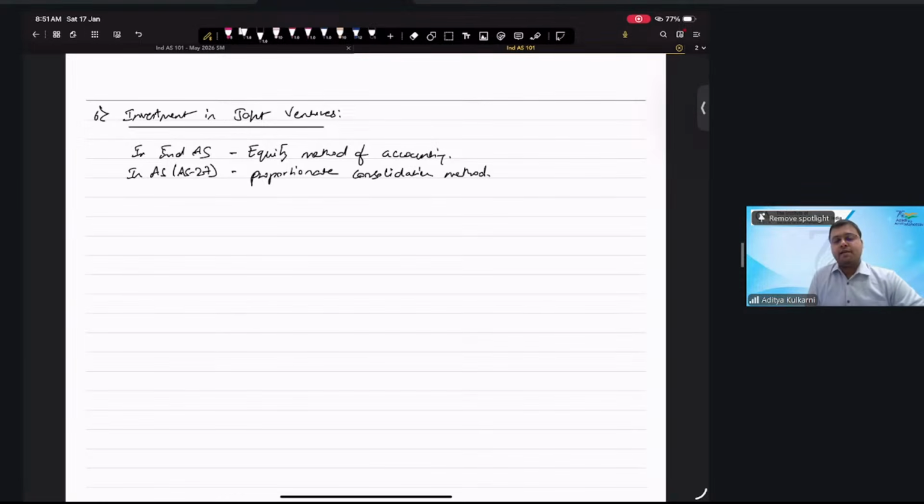That will not happen under equity method of accounting. Why will it not happen? Where are you consolidating assets and liabilities? Right? Yes or no? So therefore, there won't be any goodwill that arises in equity method of accounting in the financial statements amount column.